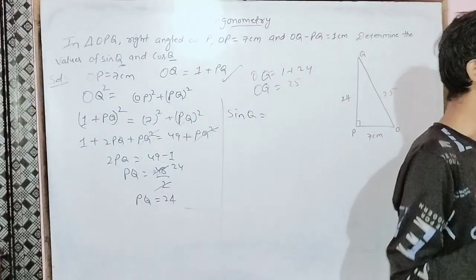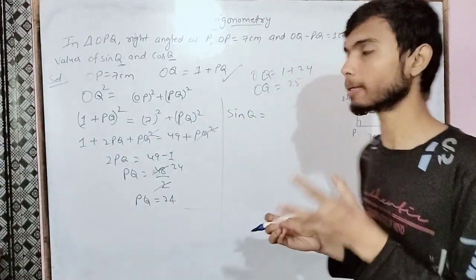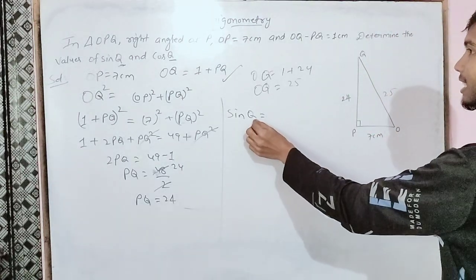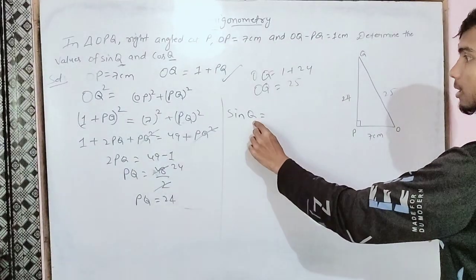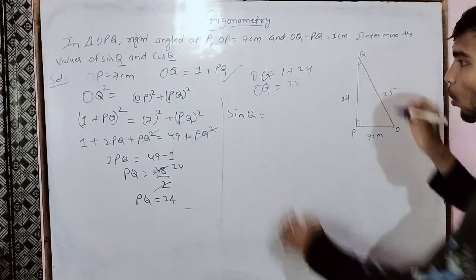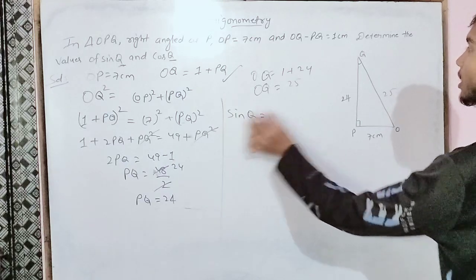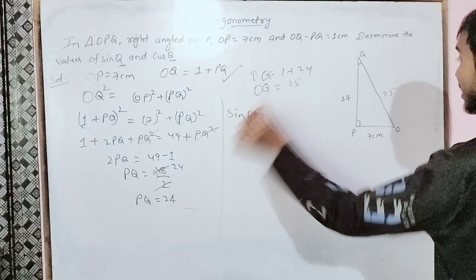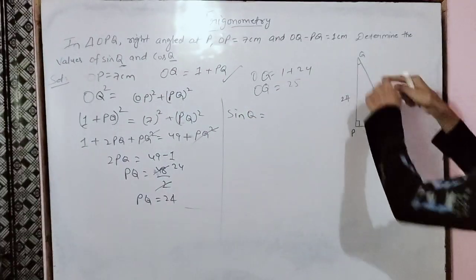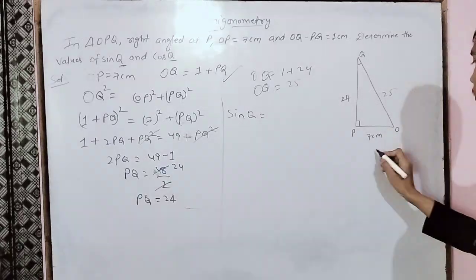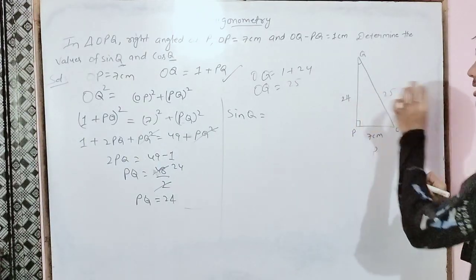Where is the angle being made? This is Q. The angle is here according to this. Now if the angle is here, then the opposite side would be the perpendicular.